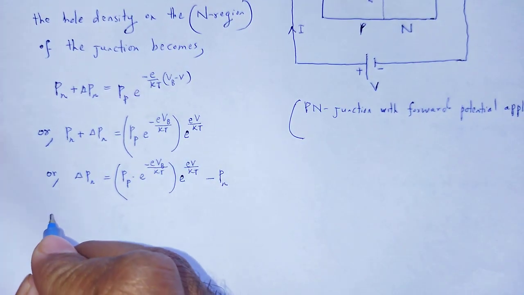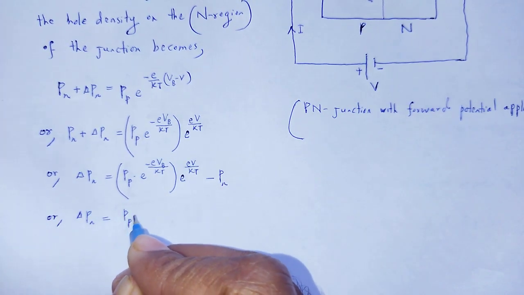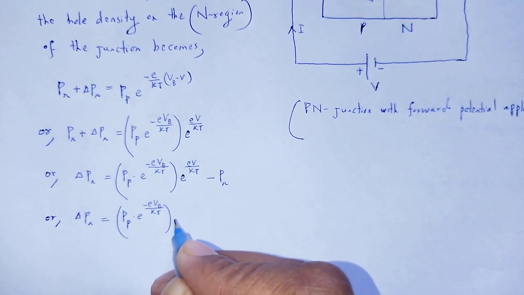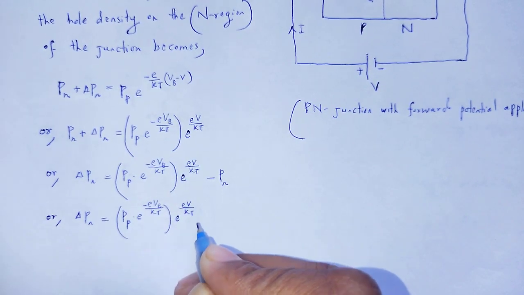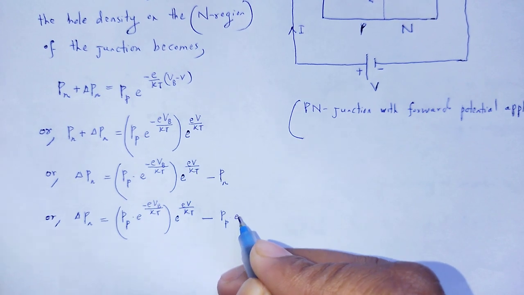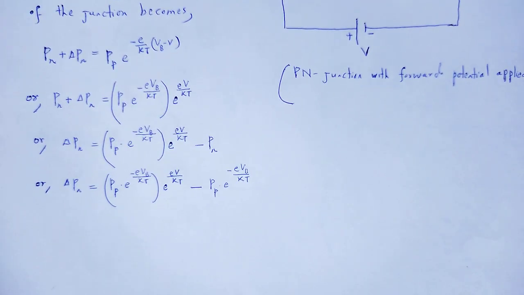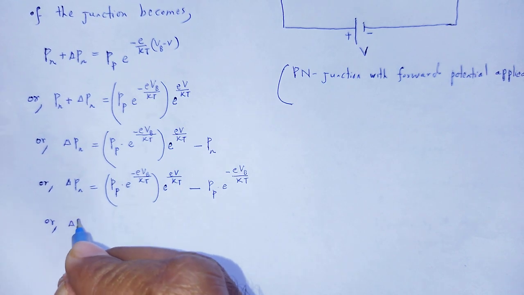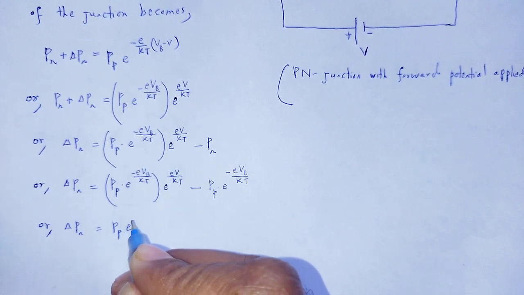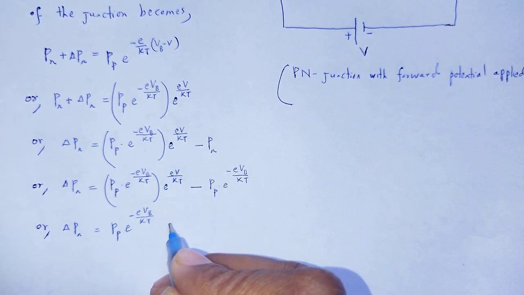Therefore, del pn is equal to pp e to the power minus eVb by kT into e to the power eV by kT minus the pn value, pp e to the power minus eVb by kT, or del pn is equal to pp e to the power minus eVb divided by kT, that is the common term.